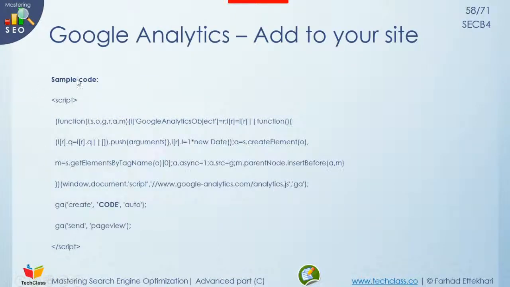And here is the sample code, something similar, well, definitely similar to that, they're going to give you, but instead of this code part, it's going to be your own value as a code. In that way, it can communicate with the Google Analytics server and send this information from your users when they're visiting your website.